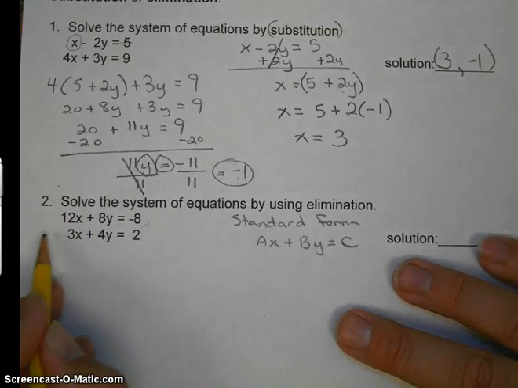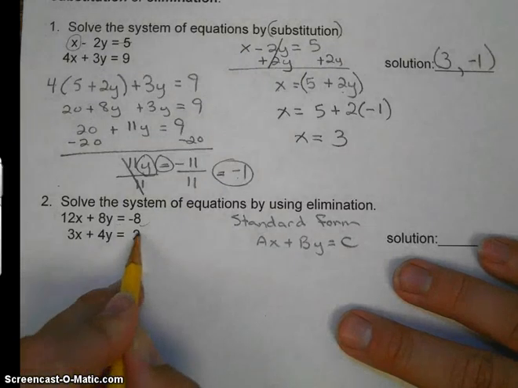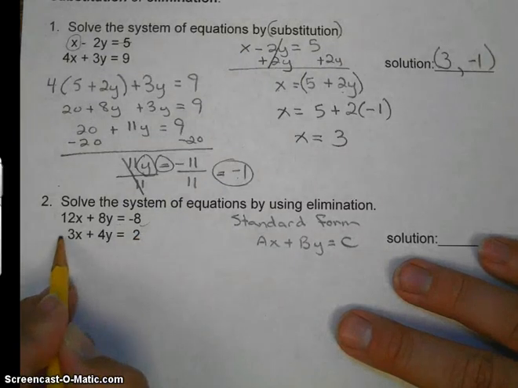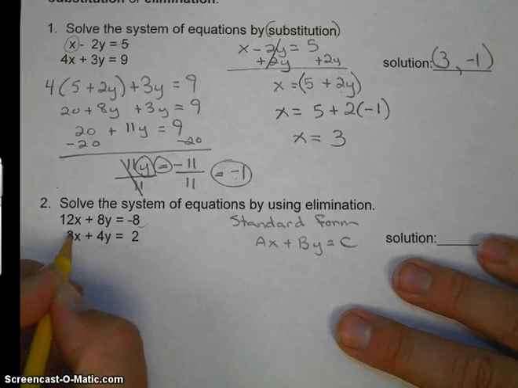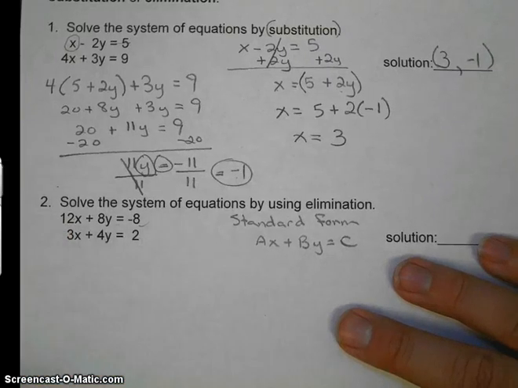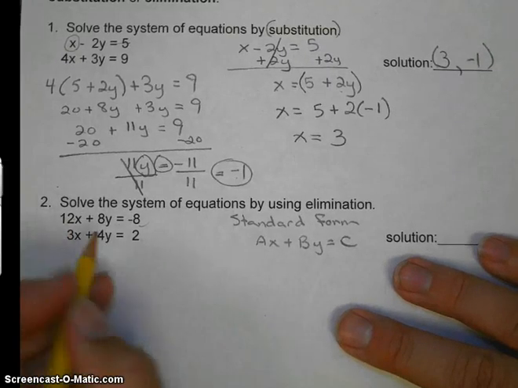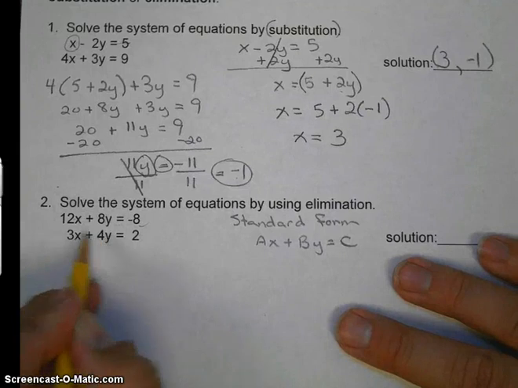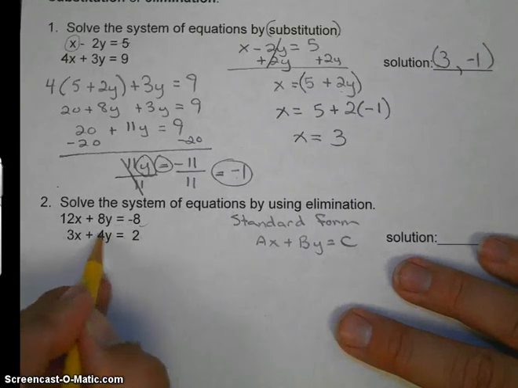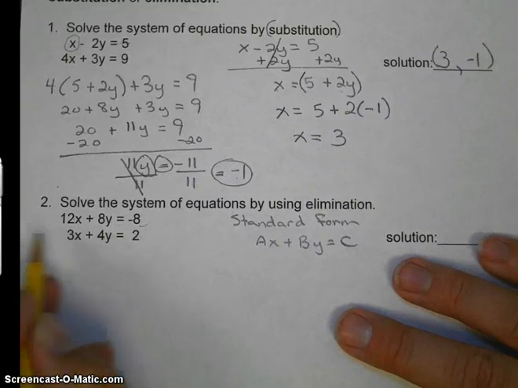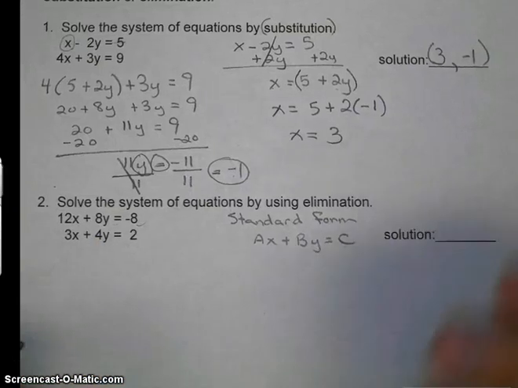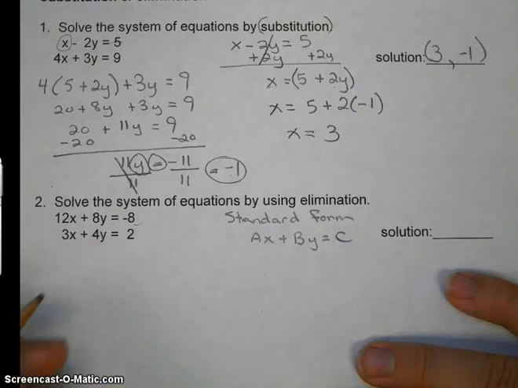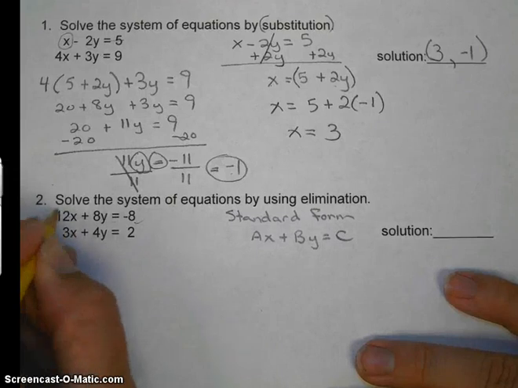Then I would multiply this equation by 4, because 4 times 3 is 12, and then I would be able to subtract them and make it go away. Or I could get rid of the y, so I would multiply the equation by 2. 2 times 4 is 8, so 8 minus 8 would give us 0. It doesn't really matter in this case which one you decide to get rid of. I'm just going to get rid of my x term.